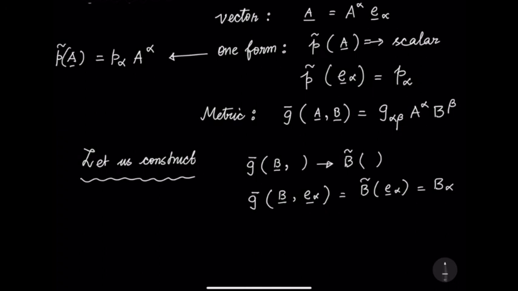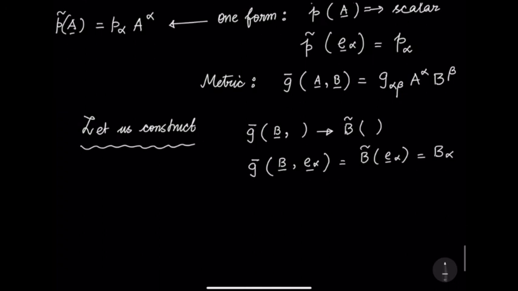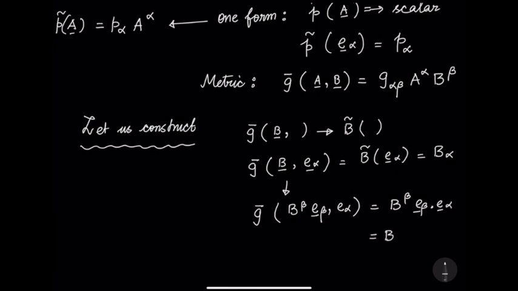This is exactly what you expect if you would have gone from G. Because you see, if I would have gone from here directly, this is G, B I can write as B beta, and this we have argued is G alpha beta.